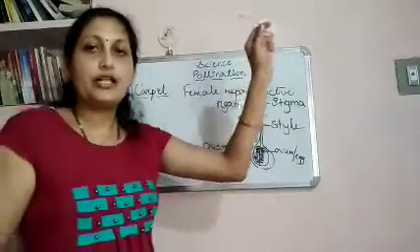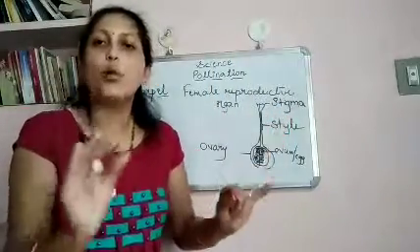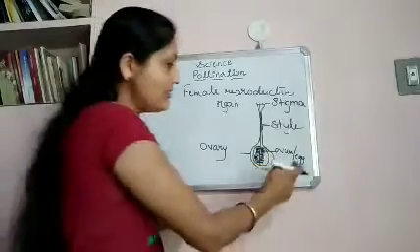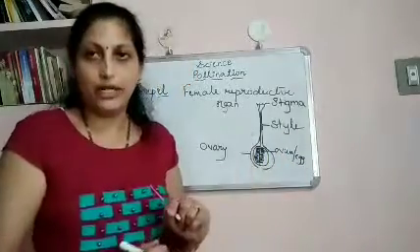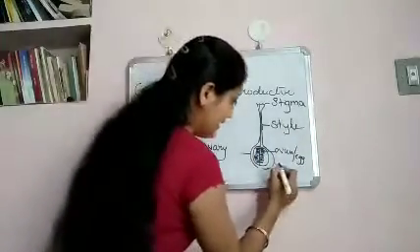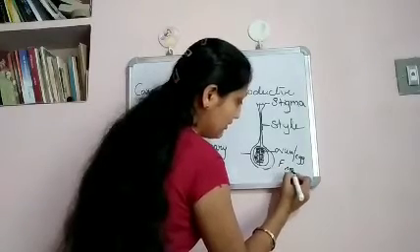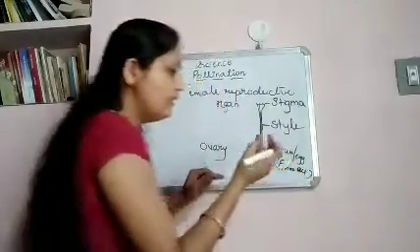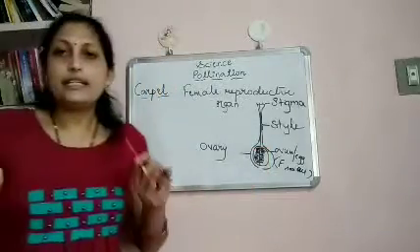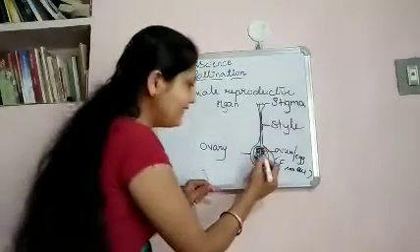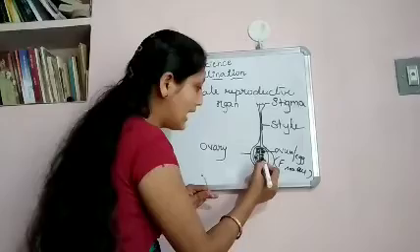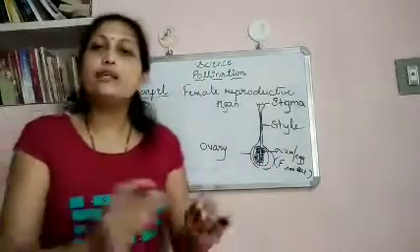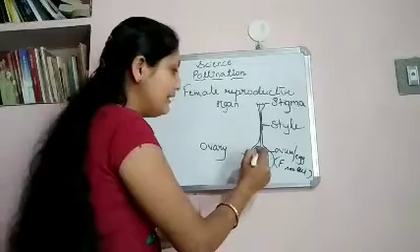So we have studied the male sex cell, that is pollen grains, and here the female sex cell is the ovum or egg. Another characteristic feature is that the female sex cell is non-motile, in the sense that it does not move.